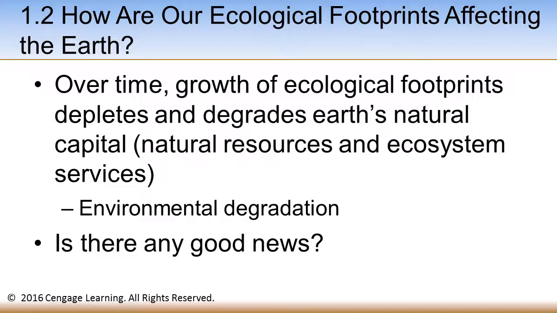So is there any good news with this? Actually, yes, there is. The United Nations conducted a Millennium Ecosystem Assessment, and the United Nations concluded that we have the scientific, economic, and political solutions to these problems that we could actually implement within the next few decades.